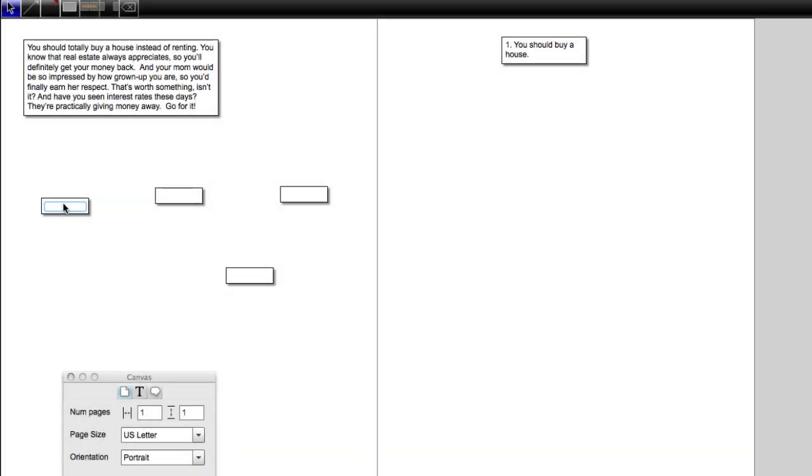The first sentence is really a restatement of the conclusion, so I don't need that. That's not a premise. The second sentence has a claim about real estate. Okay, so that's an assertion that the author is making, trying to convince me of the conclusion. I don't know how it's going to fit in, but I know that it is a claim that's being used as evidence.